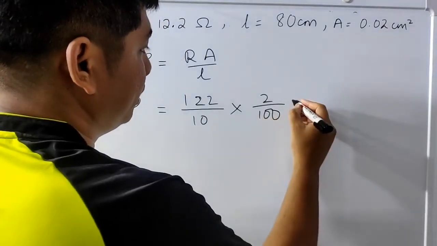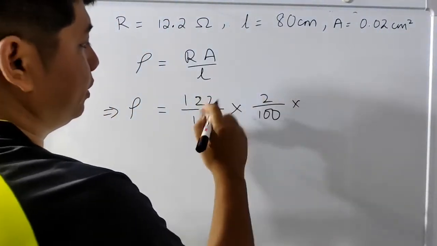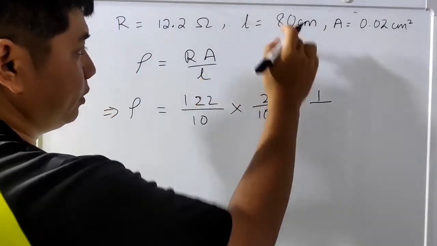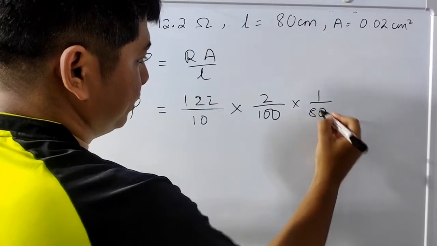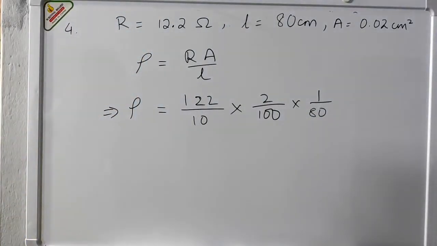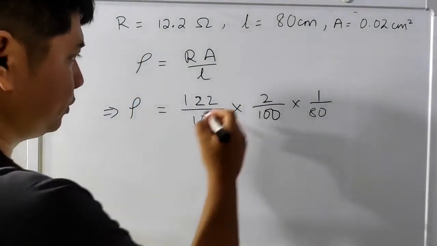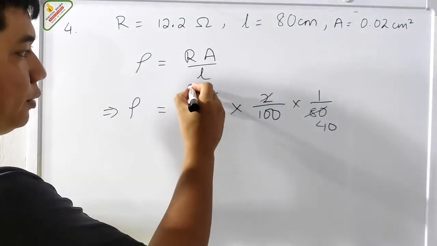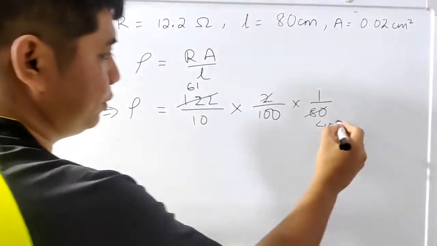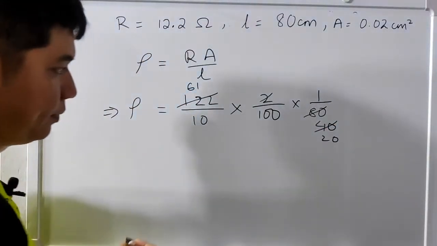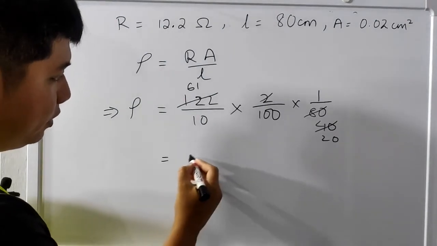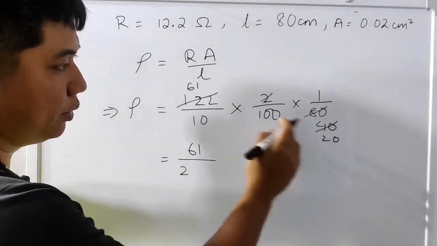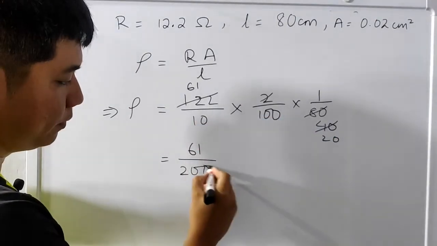And L will be in the denominator. It is 80 centimeter. 2 40s are 80, 2 6s are 12, 2 1s are 2, 2 20s are 40. Then what do we get? It is 61 by 2 followed by 4 zeros.